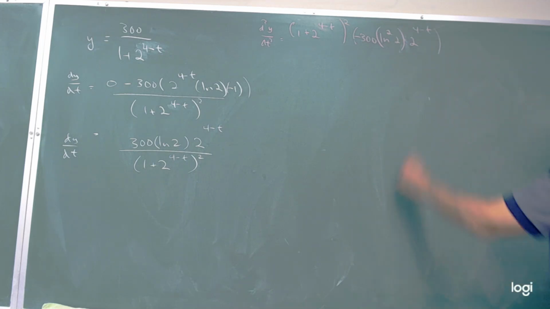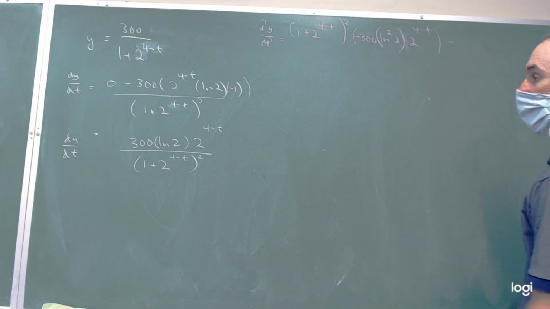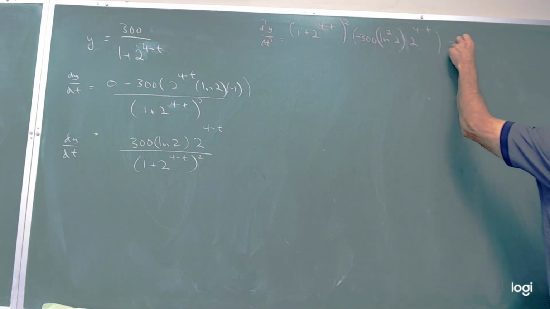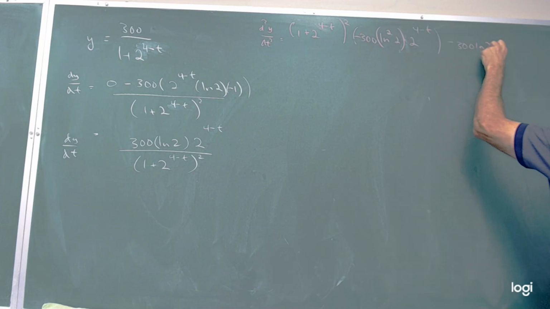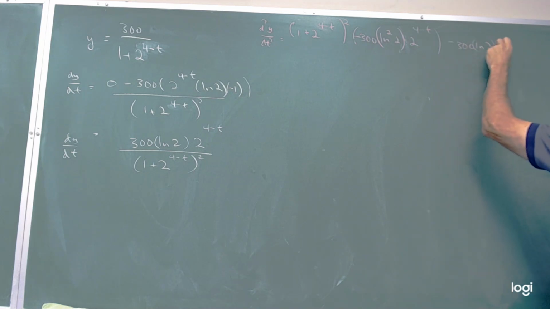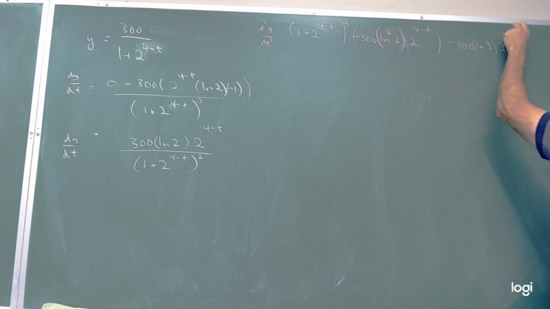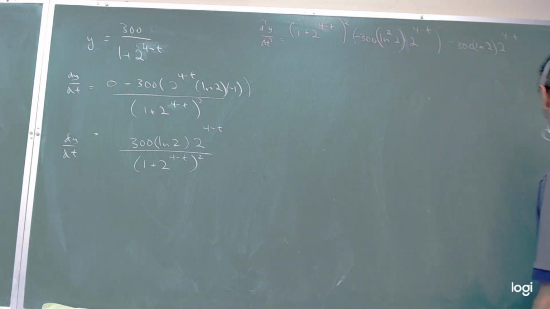Okay, minus the numerator, which is this 300 natural log 2 times 2 to the 4 minus t times the derivative of the denominator. Oh, yuck, now we got a chain rule. So we've got a 2 times 1 plus 2 to the 4 minus t to the first times the derivative of this 1 plus 2 to the 4 minus t.